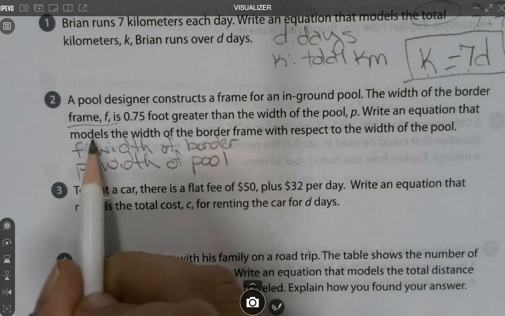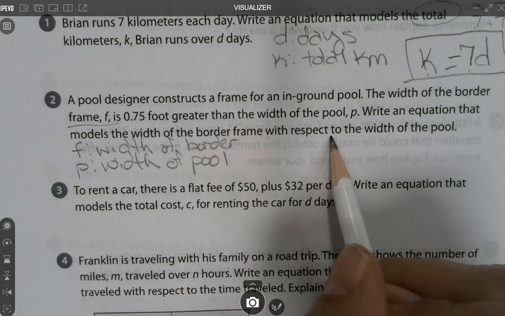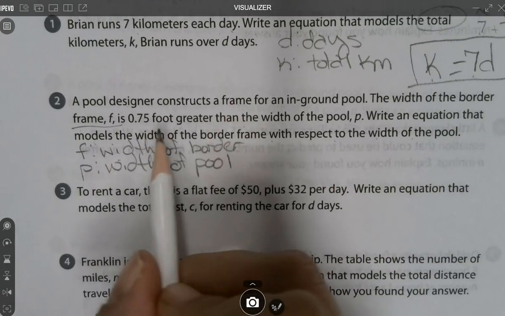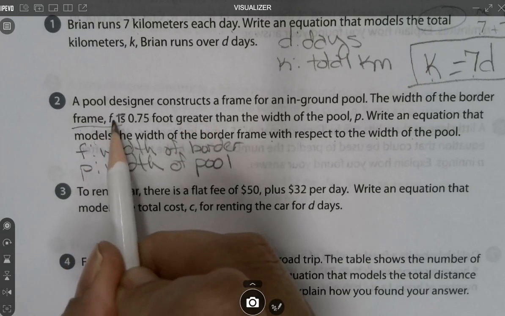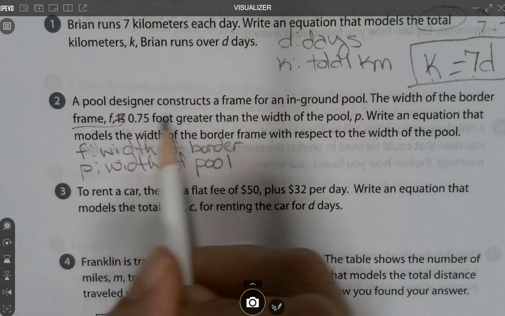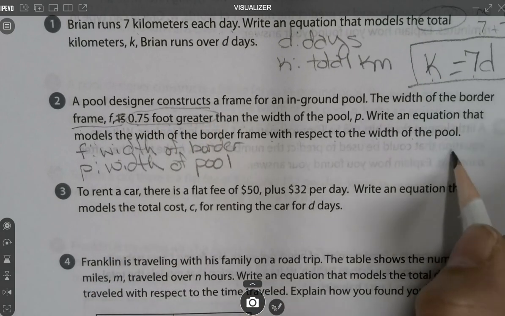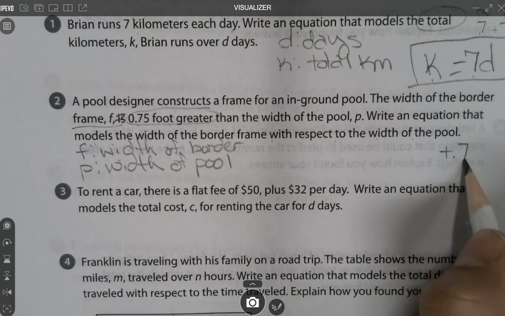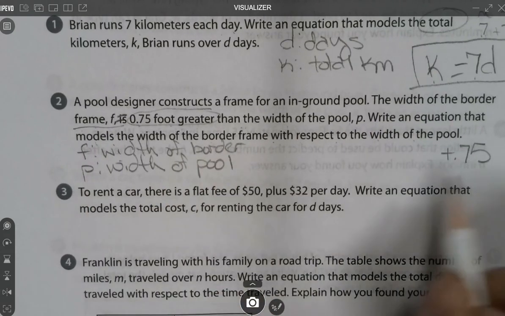Write an equation that models the width of the border frame with respect to width of the pool. Well, didn't it say that the frame is 0.75 feet greater? How do we write 0.75 greater? Plus 0.75 than the width of the pool. Well, what was the width of the pool?